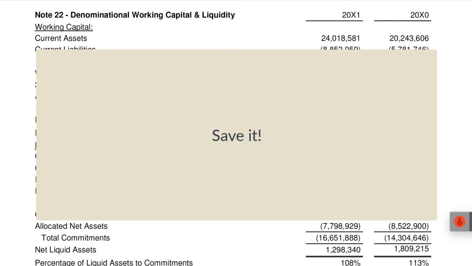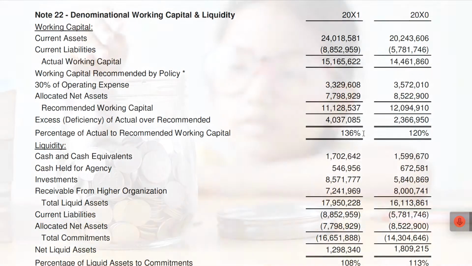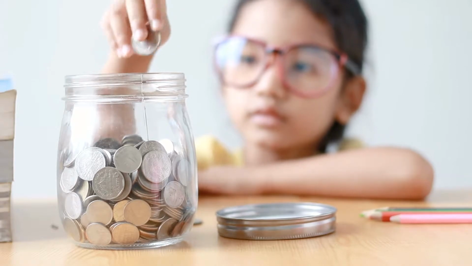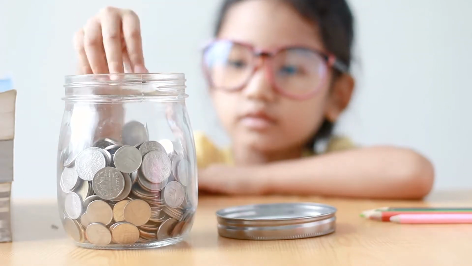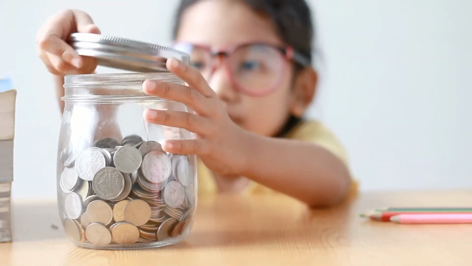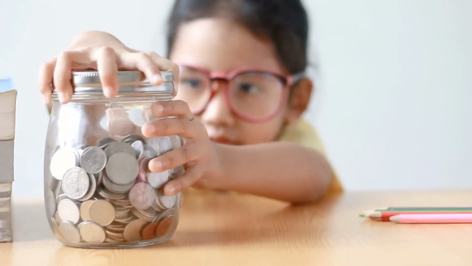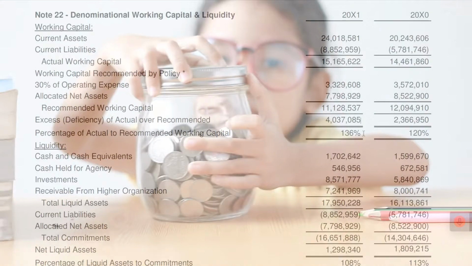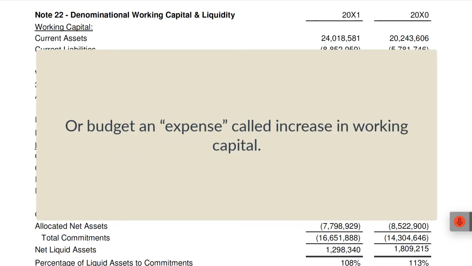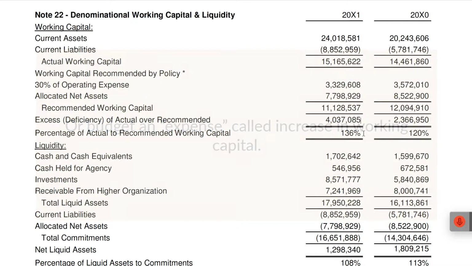One way that some organizations do it, it's a little bit of a shell game, but it's still okay, is that they actually budget what they label as an expense of increase in working capital to help them with the balanced budget. But however you put it together, the only way you build working capital is to spend less than you're bringing in or bring in more than you're spending.